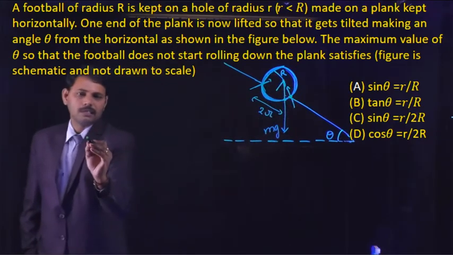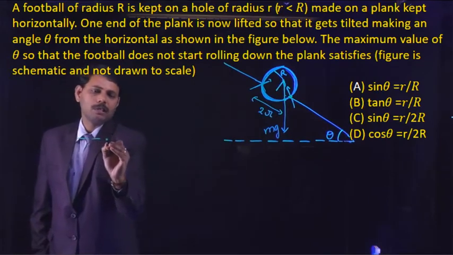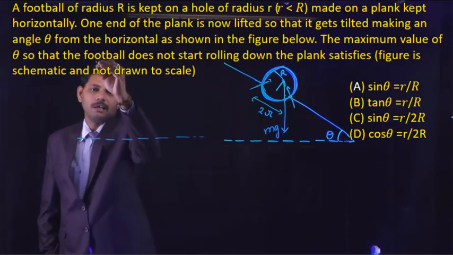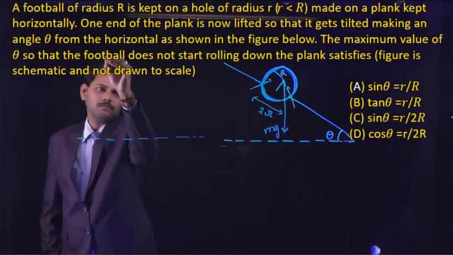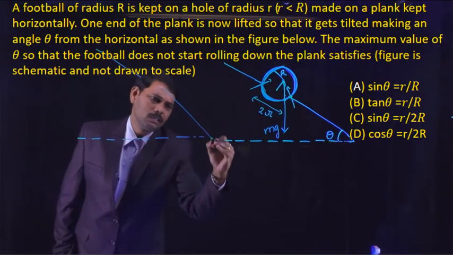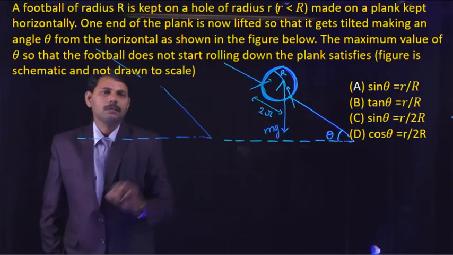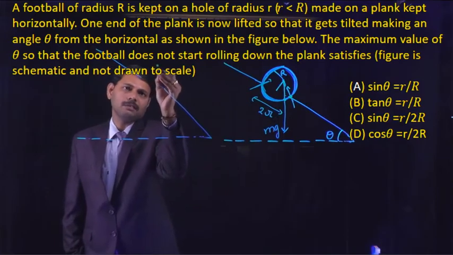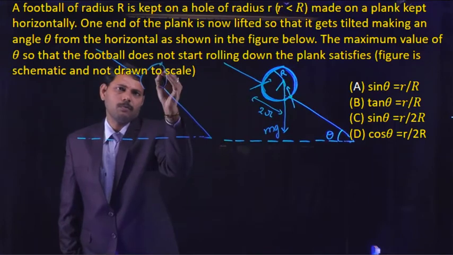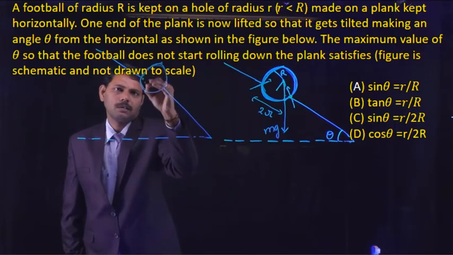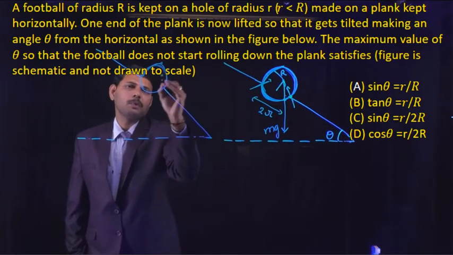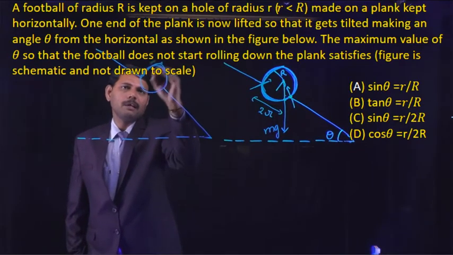So let us draw the same diagram at the maximum angle theta at which tilting occurs. We increase the angle theta of the plank so that tilting is possible. Here the football is kept like this. Let this be the position of the football.